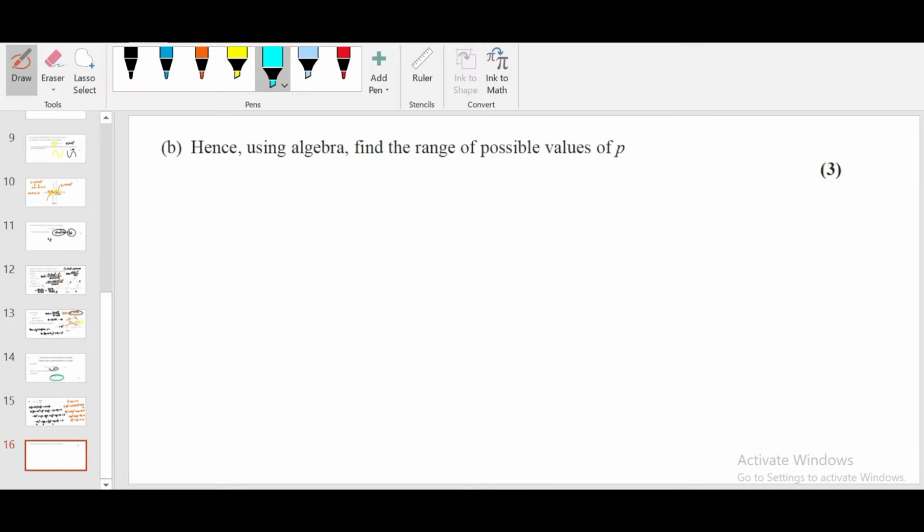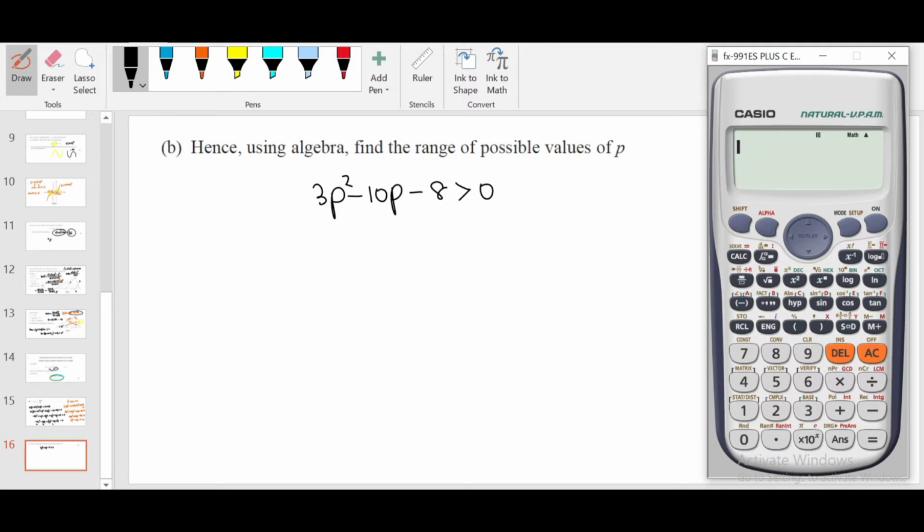Now part B of the question says, hence find using algebra the range of possible values of p. We have this equation, 3p square minus 10p minus 8 is greater than 0. We need to solve this quadratic first. So I'm going to go to mode, number 5 equation, number 3 quadratic. I put 3 equal, minus 10 equal, minus 8.